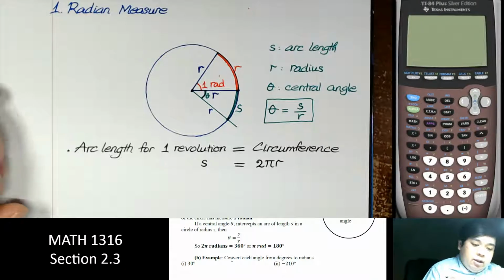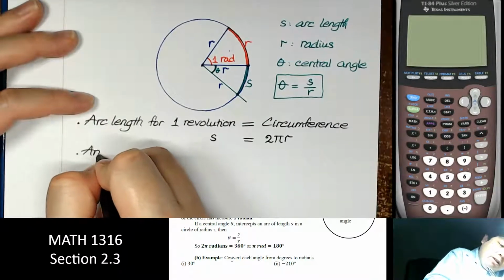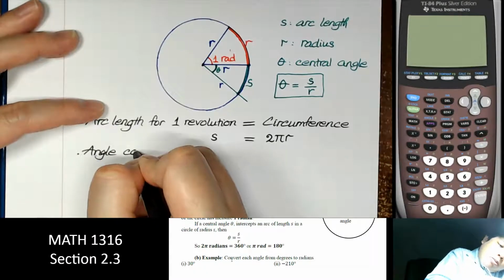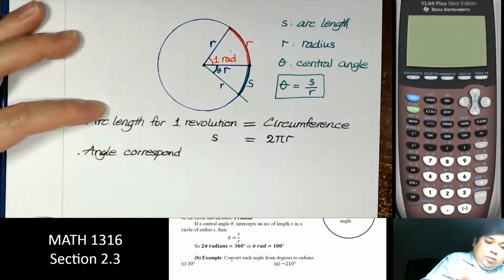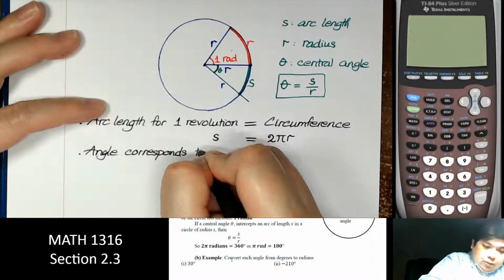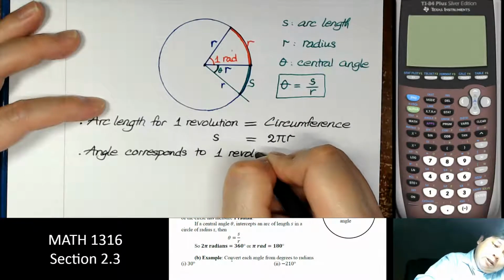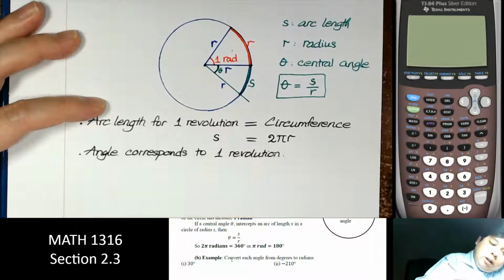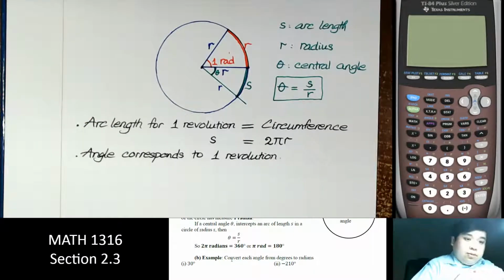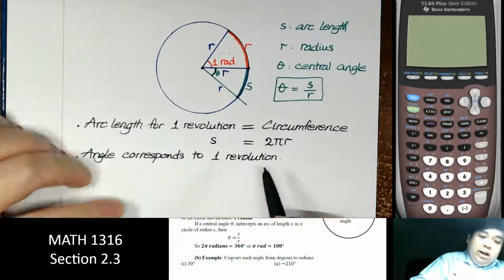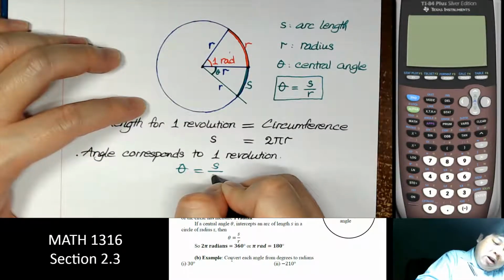And then the angle corresponding to one revolution, we're using that formula: theta is always equal to the arc length divided by the radius.